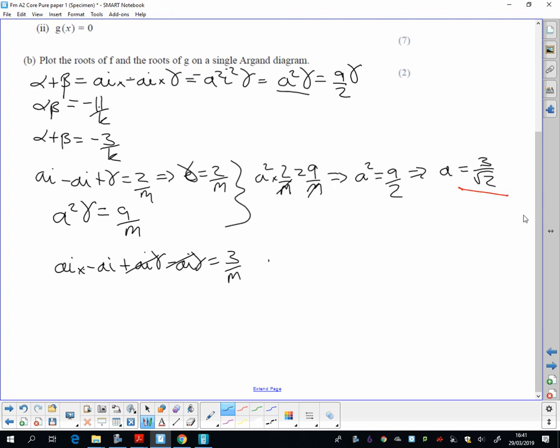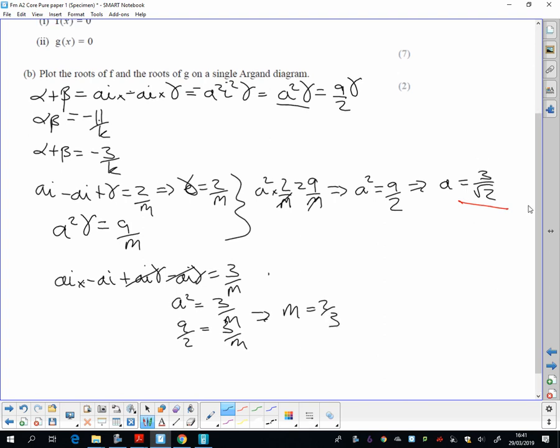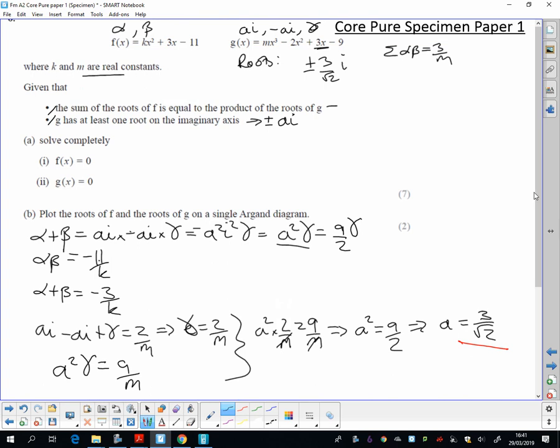So we end up with alpha squared equals 3 over m, but we already know that alpha squared is 9 over 2. It's 3 over m, so therefore we can get to m equals 2/3. So now we've got m is 2/3.